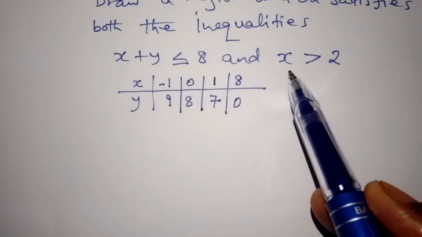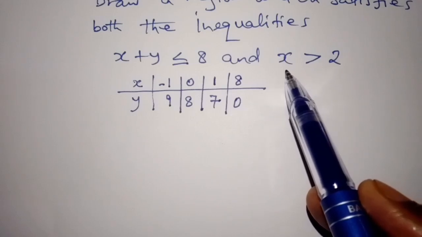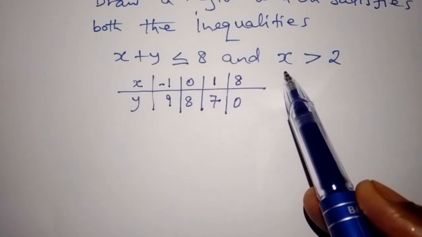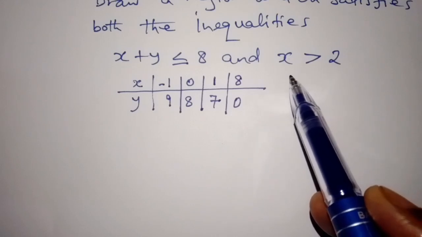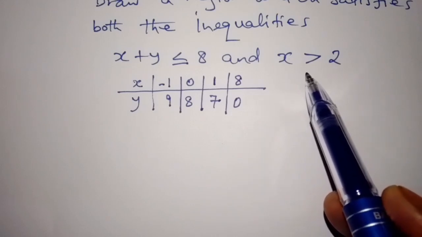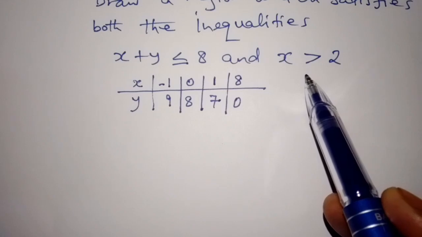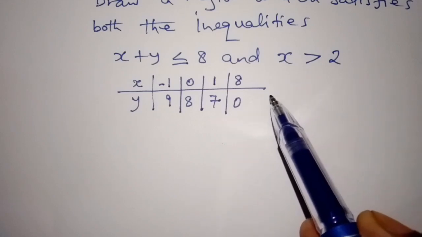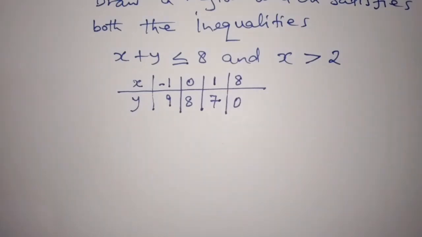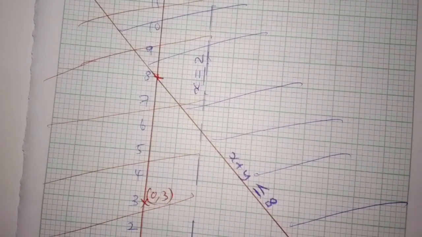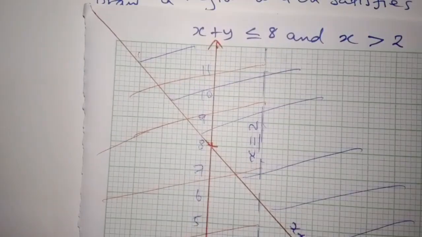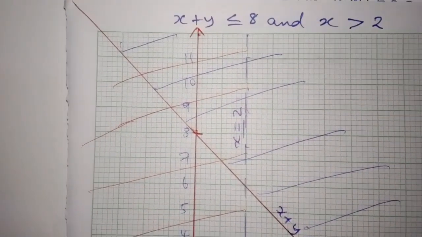Then we also use this inequality: x is greater than 2. We draw a graph of x is greater than 2. So we are going to end up with a graph like this one here.